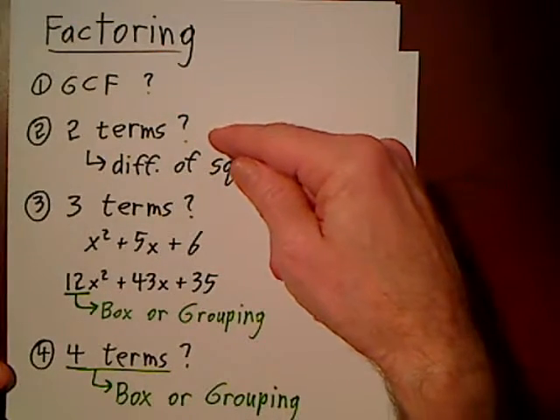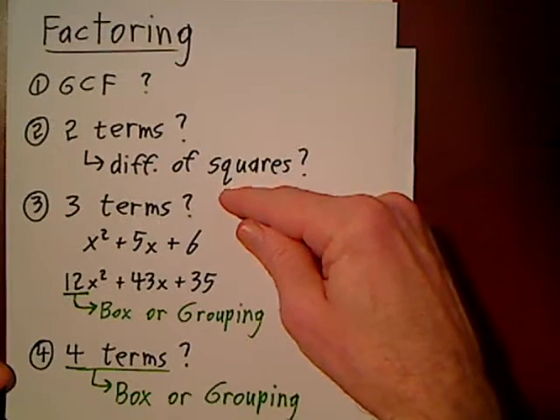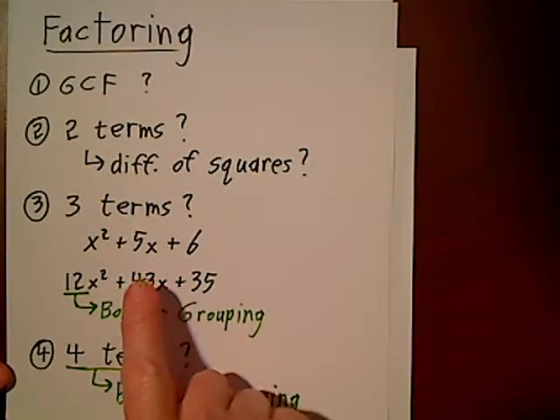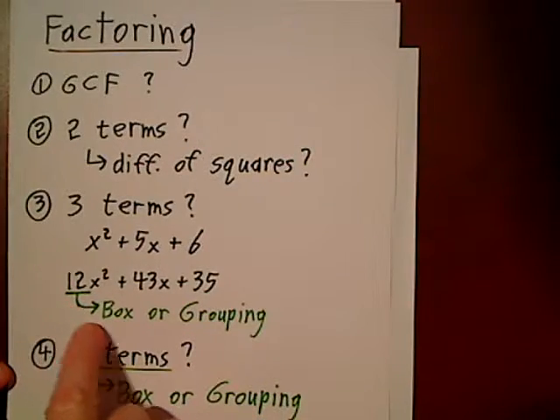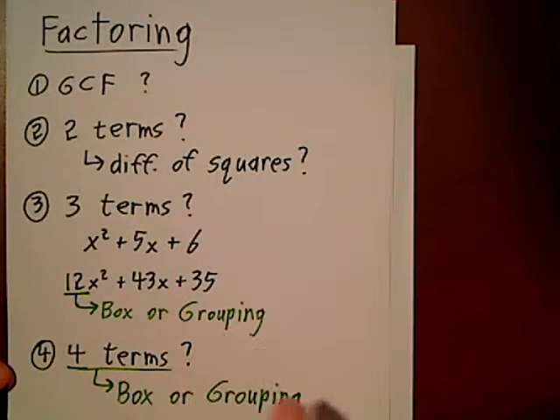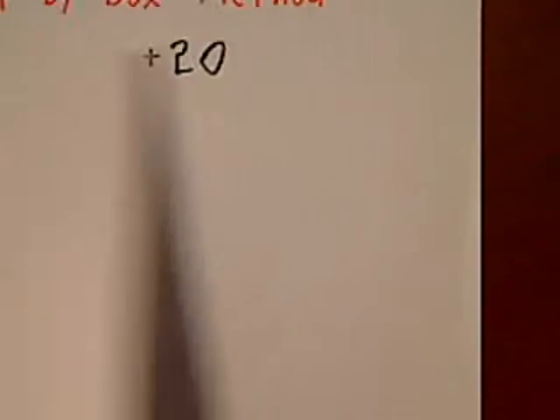And then you have to pay close attention to how many terms you're given. In this case, we have 3 terms. There is a leading coefficient other than 1, so we're going to use the box or the grouping method. Okay? Let's go ahead and get started on our first one.